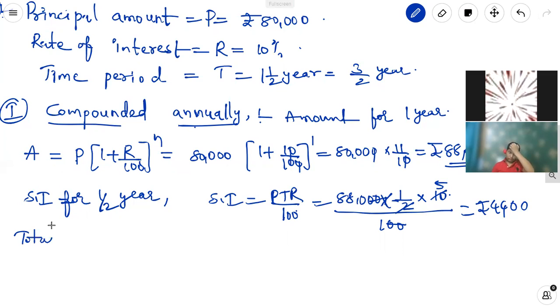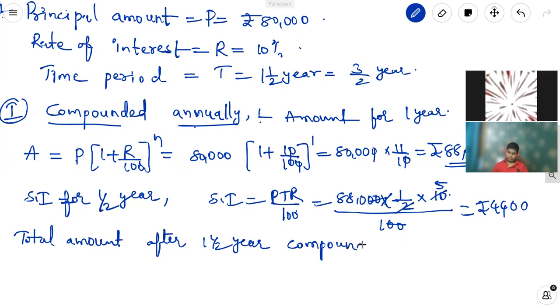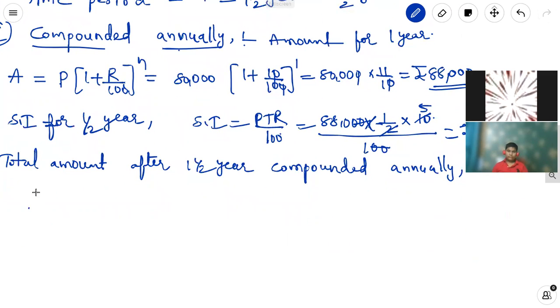The total amount after 1.5 year compounded annually. That is A equal to, after 1 year, A plus simple interest.